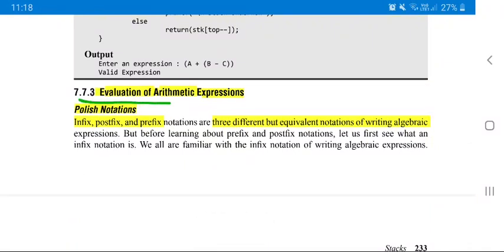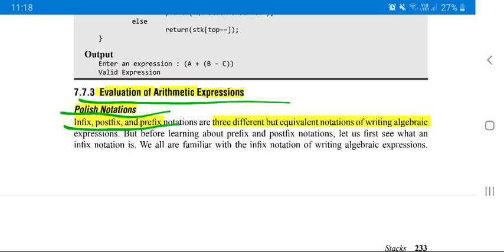So evaluation of arithmetic operations is one of the important applications of stack. Before that, you have to know some technical terms. What is Polish notation? What are prefix, infix and postfix notations? So Polish notation, that is the heading.